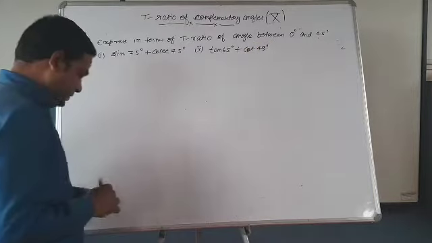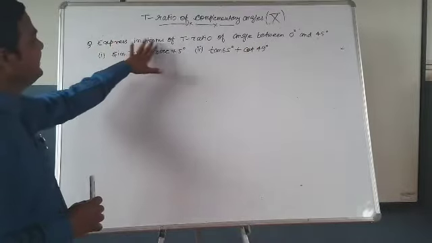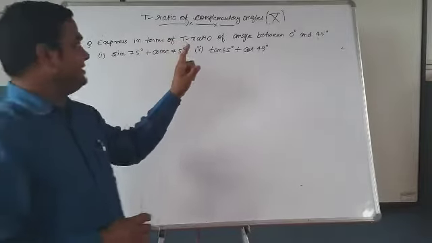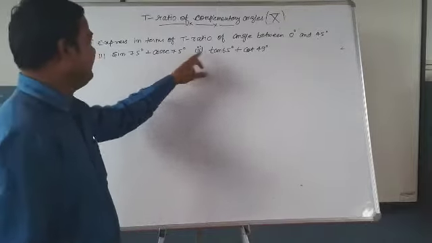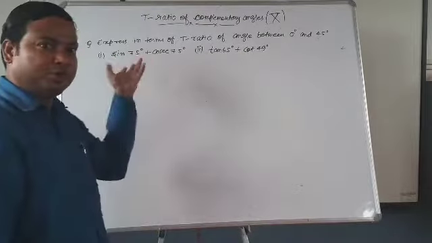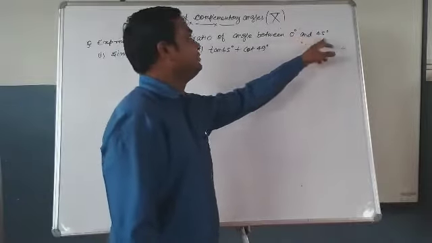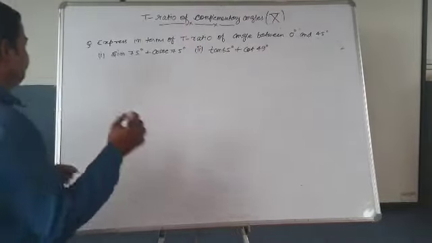Now look here, your question is to express in terms of T ratios of angles between 0 and 45 degrees. These are all above 45 degrees, so we have to convert both angles to between 0 and 45. How to do it? Look.